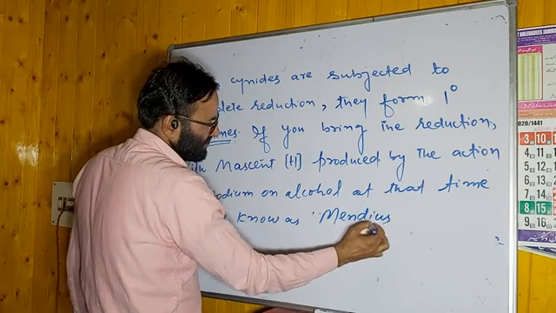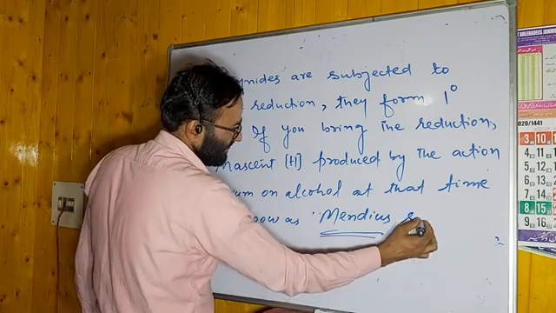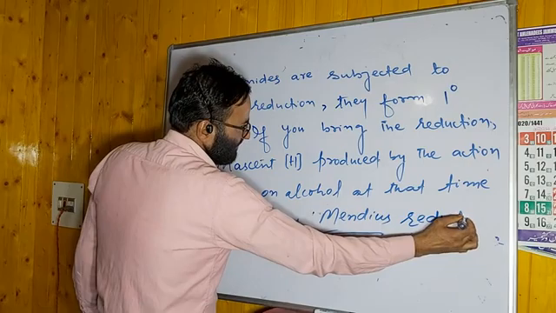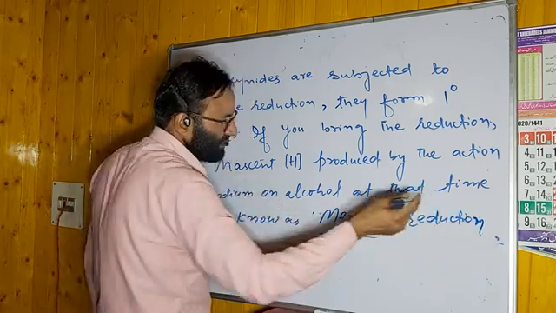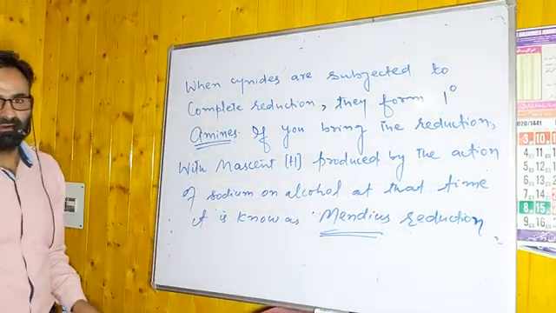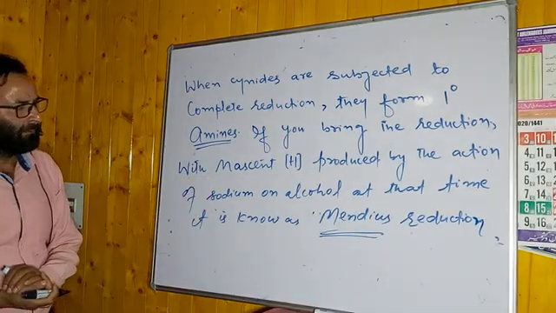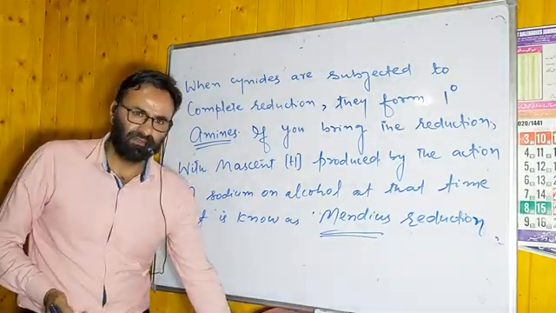This is the specialty of the organic chemistry, Mendius reduction. We have repeated hydrolysis, partial and complete, in the preparation of carboxylic acid. We have discussed this reaction in the preparation of 1 degree amines.